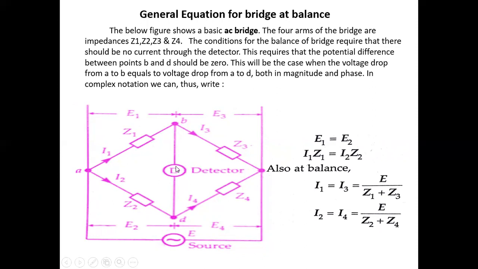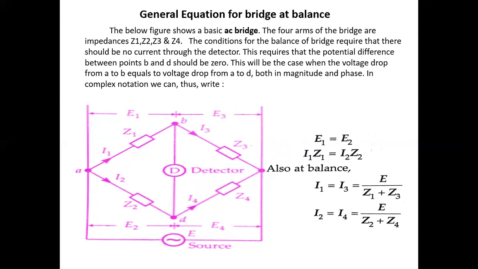And if the detector shows any reading, positive or negative, then we can say that the bridge is not balanced. At that time, we adjust any one impedance to make the bridge balanced. For the bridge balance condition, the potential at B and the potential at D are equal, which means the difference between the potential at point B and at point D should be zero.